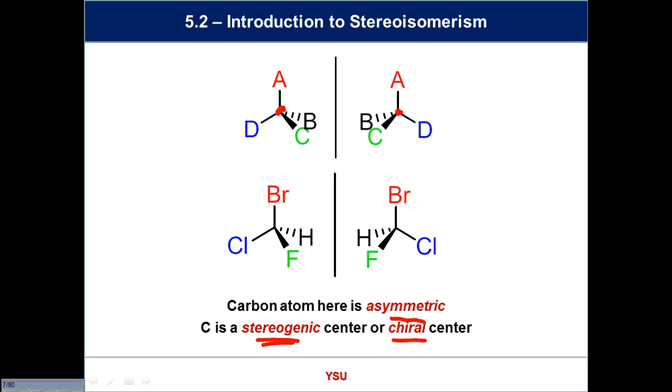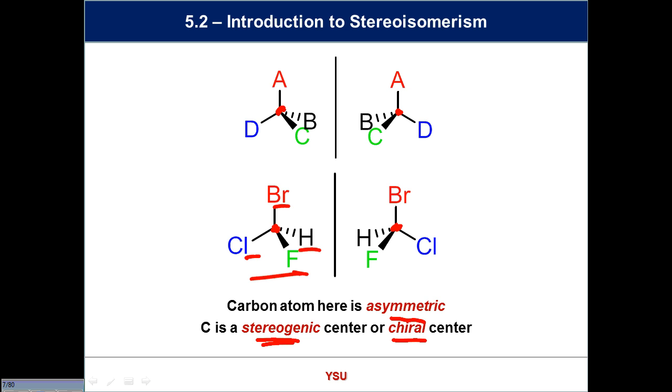And I'll say that again, atoms or groups. So the molecule at the bottom, it's fairly easy. I've got a hydrogen, bromine, fluorine, chlorine. Those are all different. We're going to see some very complicated systems in a minute when we have all carbons attached. And then you have to go further and you have to differentiate between the different groups based on proximity and how far away things are. But right now, this is a chiral center right here. And this is a chiral center right here.